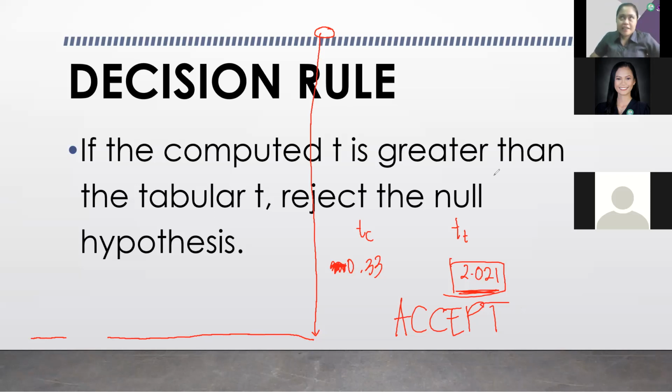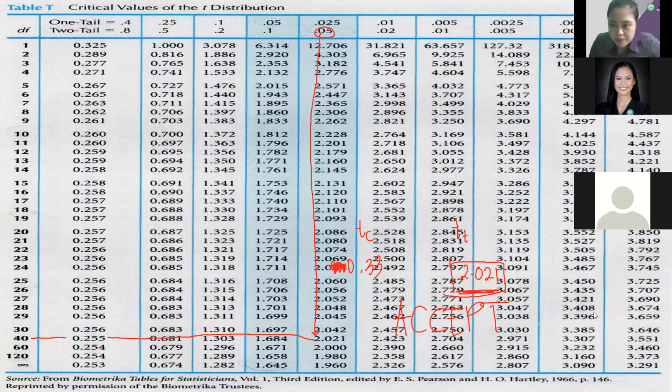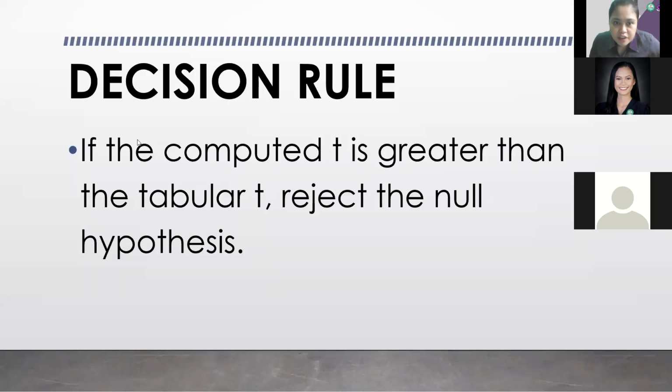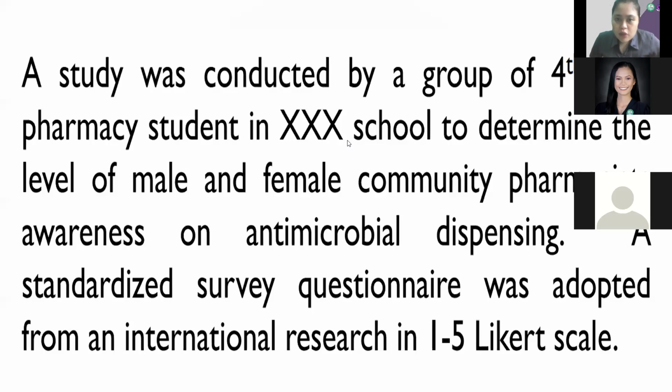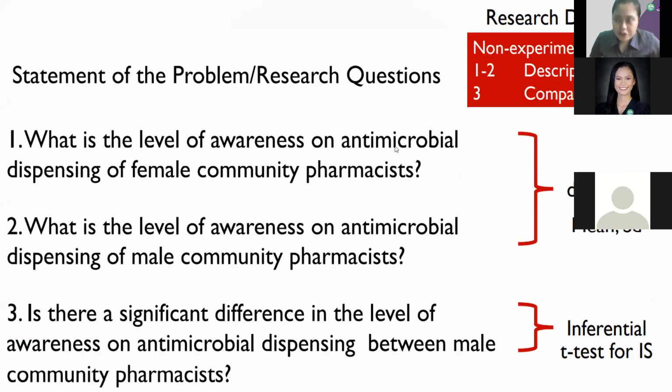Medyo mahirap lang ang t-score kasi you have to look at this complicated chart. Maraming numbers kasi, and then mag-identify ka pa kung one-tailed or two-tailed, mag-identify ka pa ano yung DF, and then i-compare mo pa kung alin yung greater sa computed and sa tabular before you can reach the conclusion. So just by looking at the p-value, automatic na yon.